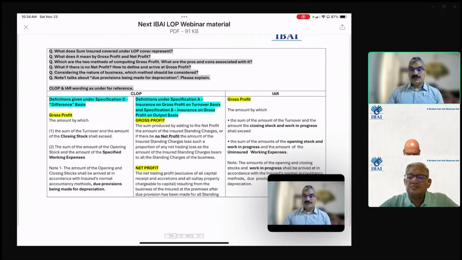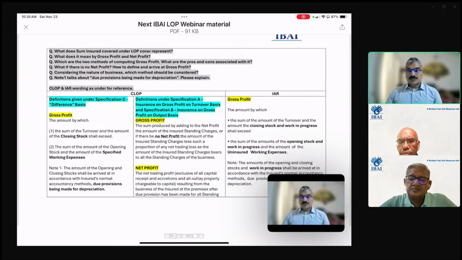Now the advantage with the variable difference method is that all standing charges are automatically included. So you won't miss out on anything. Whatever is considered variable will be taken out, and the rest is considered by default as standing charges.